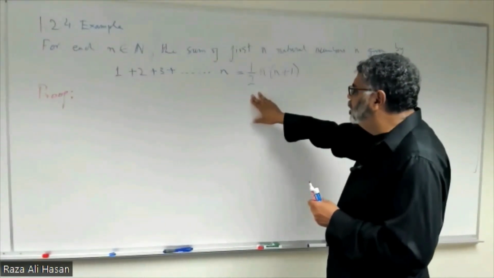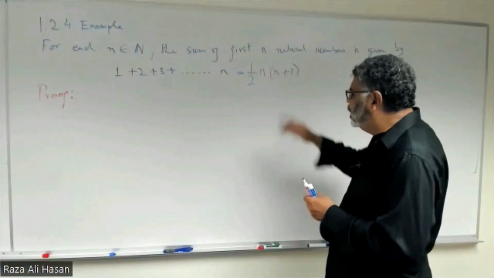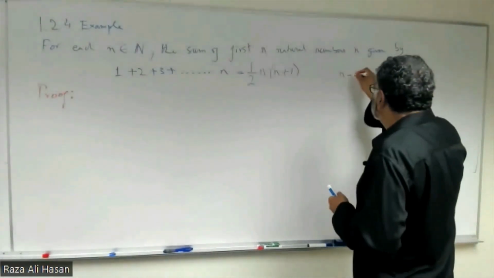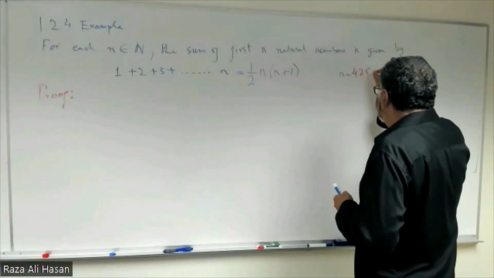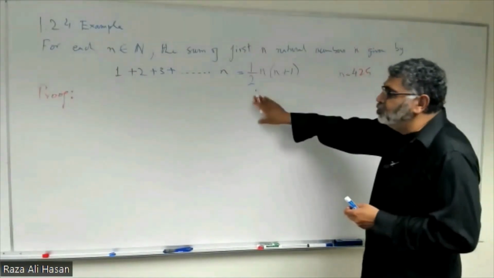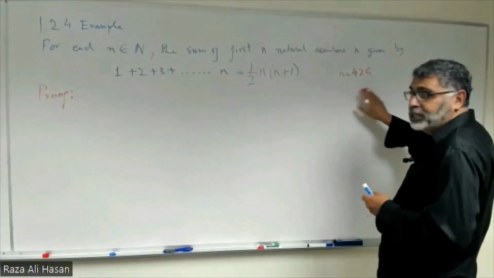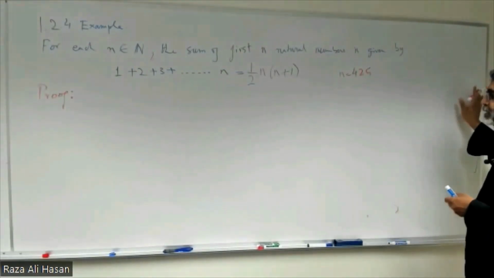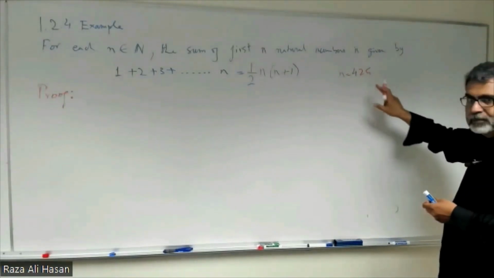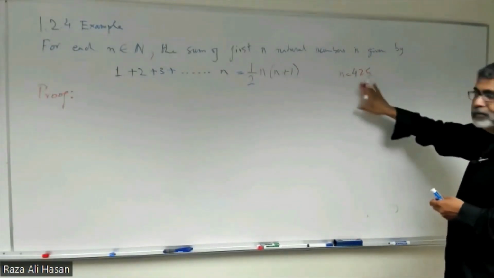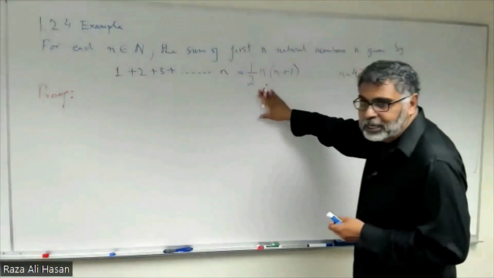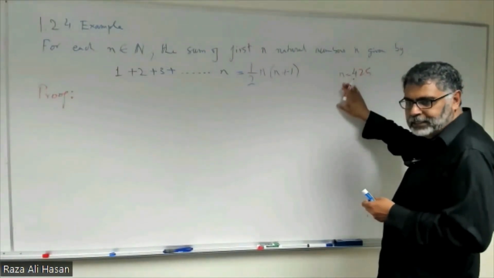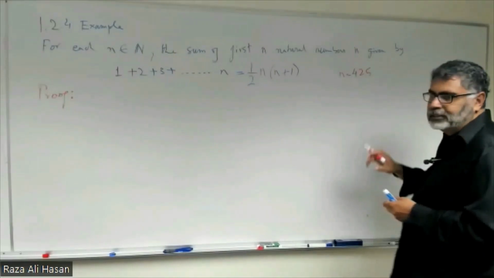works for any n. So if I replace n with, let's say, 425, this formula will add 1, 2, 3, 4, plus 5, plus 6, plus 7, plus 8, plus 9, all the way up to 425. It doesn't matter how big or small n is, it works.